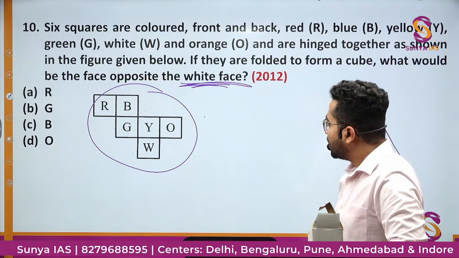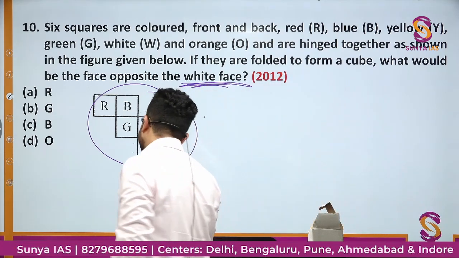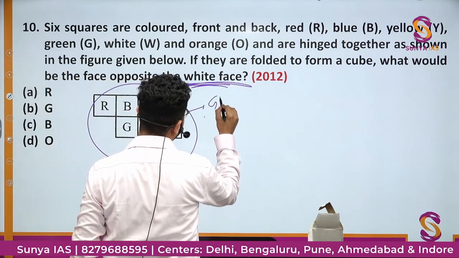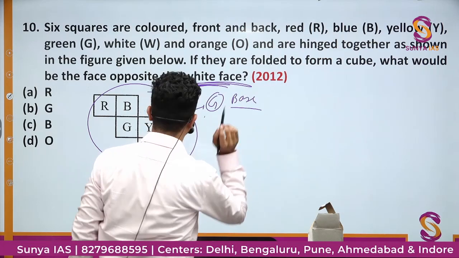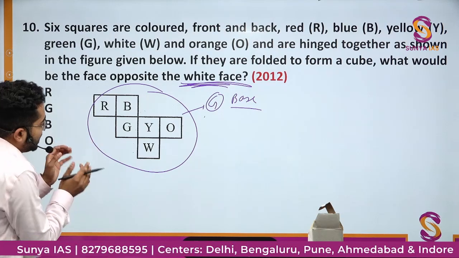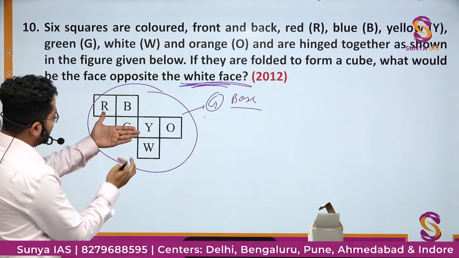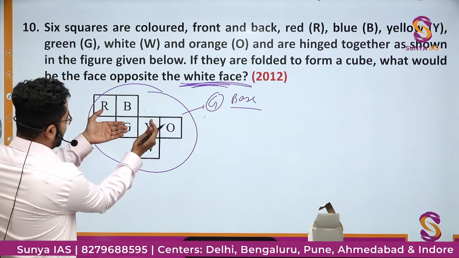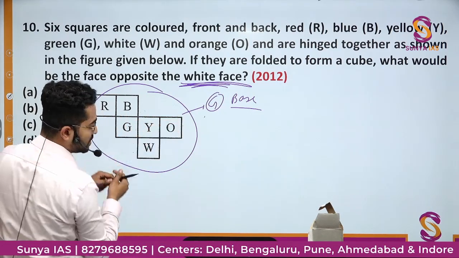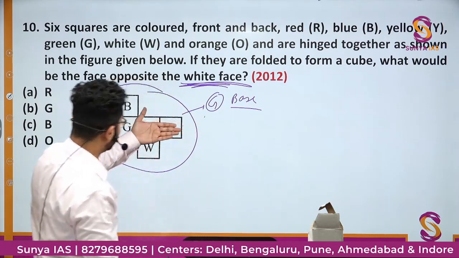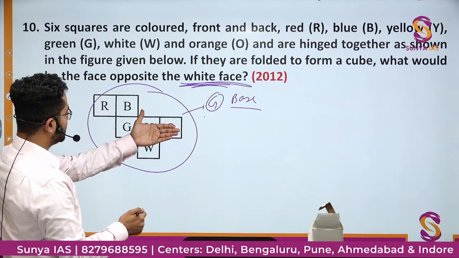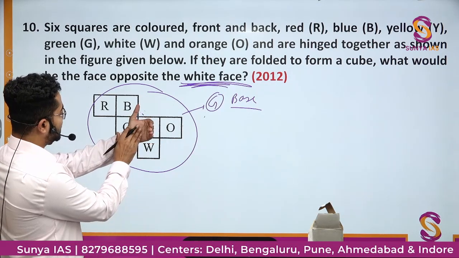So now how will I do this? Let's say this G is the base, for example. We have taken G as the base. If this G is the base, then how will I wrap it up to make a cube? I take G. This is Y, I fold once, Y comes like this, and if I fold it fully, this G is the base, and these are Y and O. I folded, O came like this, still Y is there.